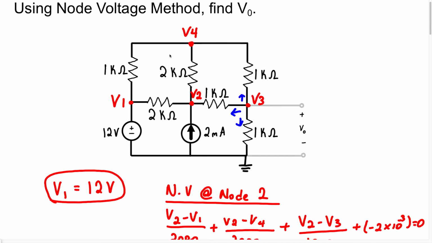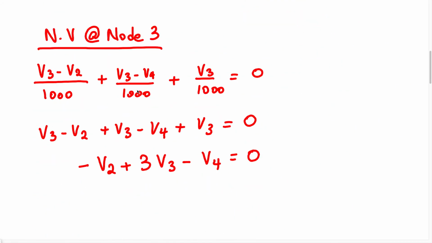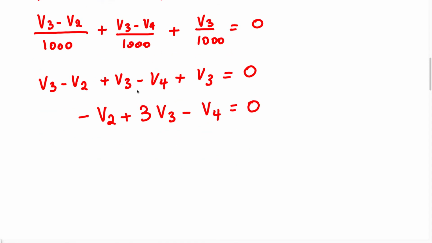Now we can write the node voltage equation for node 4, right? We're going to assume the current is going to be leaving this node. So we're going to assume the current is going to flow in this direction, and in this direction. So we're going to have V4 minus V1, right? So we have the node voltage at node 4.